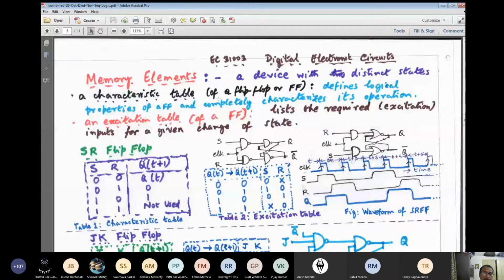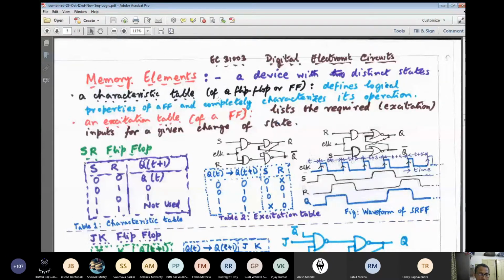That means how the output asserts itself in response to a certain sequence of inputs that happen at the input ports. This analysis is required when the implementation is given and we are just asked to find whether the specification is satisfied.